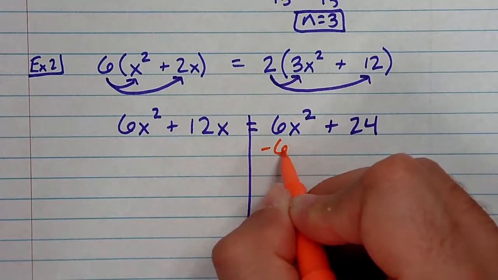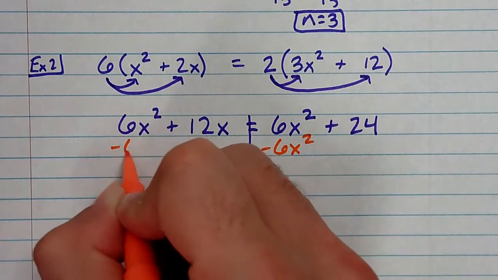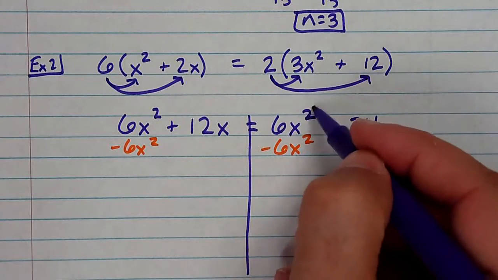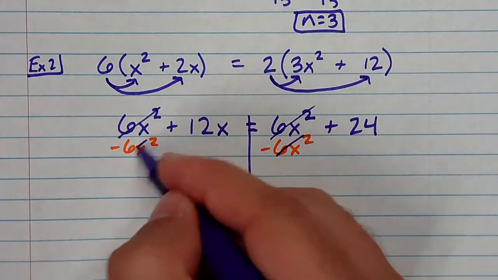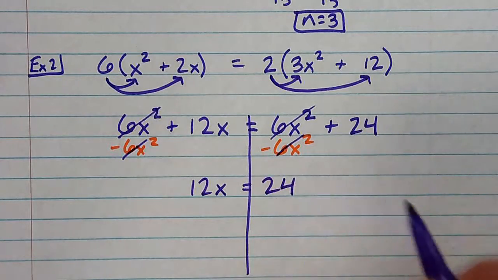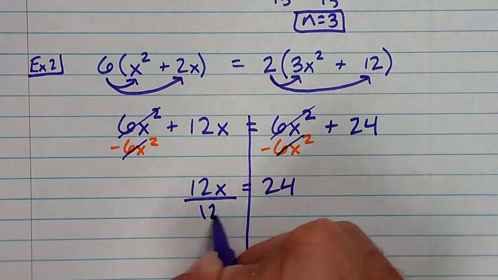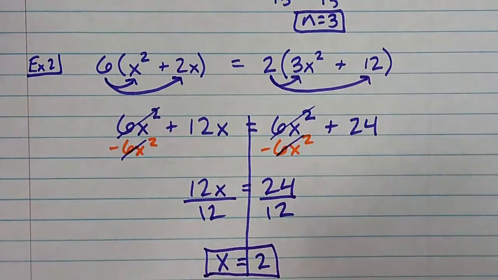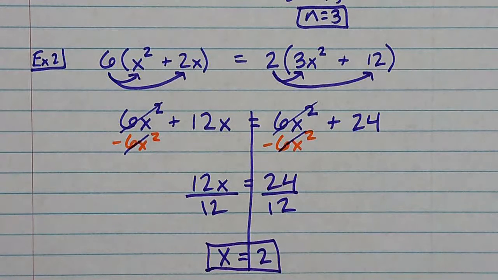I'm going to subtract 6x squared on both sides, leaving me with 12x equals 24. Final step, divide by 12. X is equal to 2. And that is solving equations that are involving our monomials times our polynomials, or distribution.